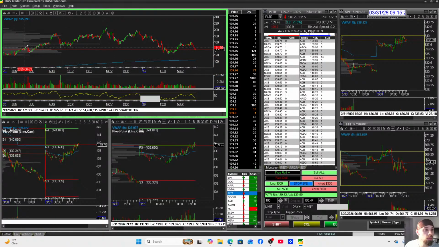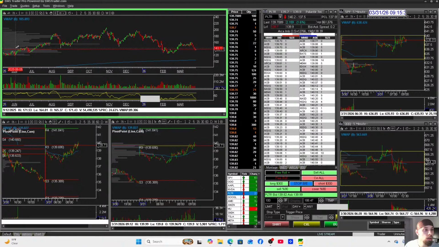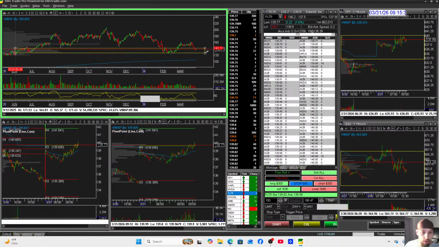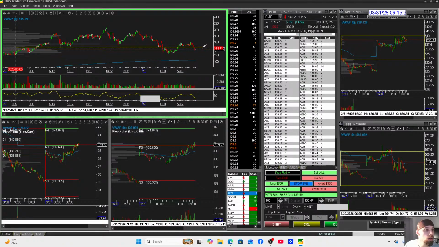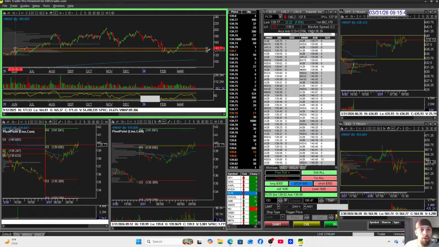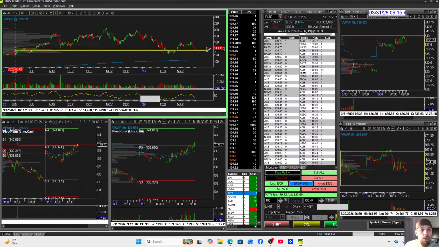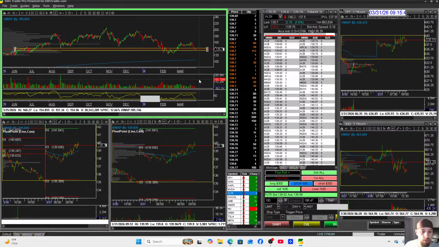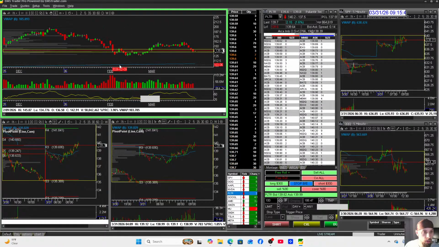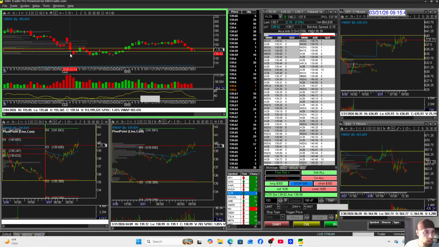Lots of volume on the bottom of that wick. So that's about right there, 143. Let's see what that's looking like. I think that's a good area of support as well. 143 being the high, low being 135.